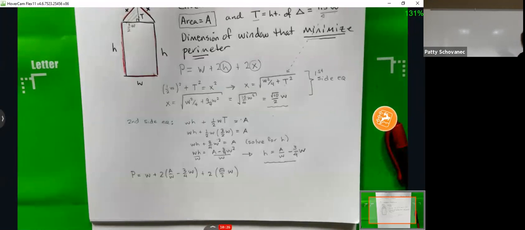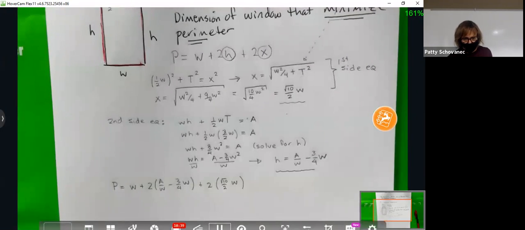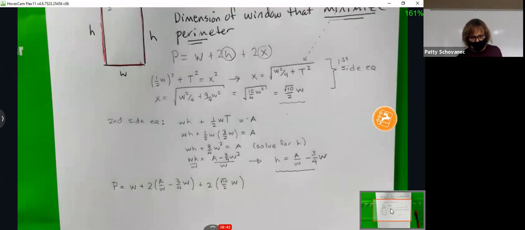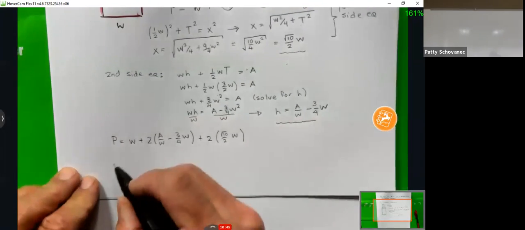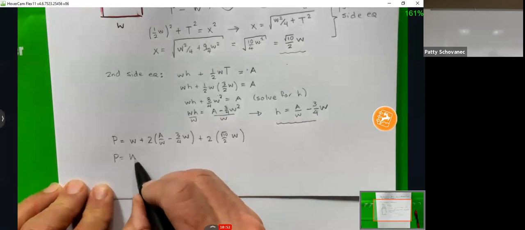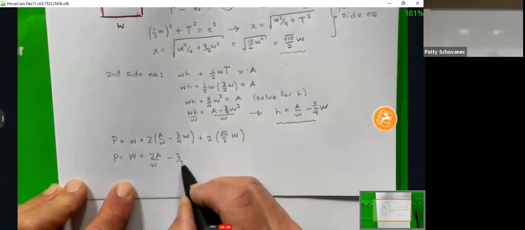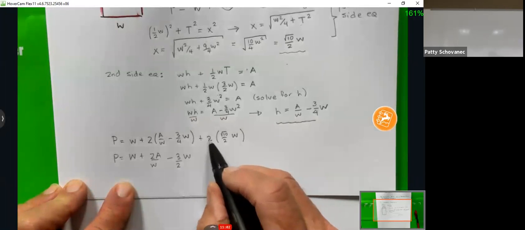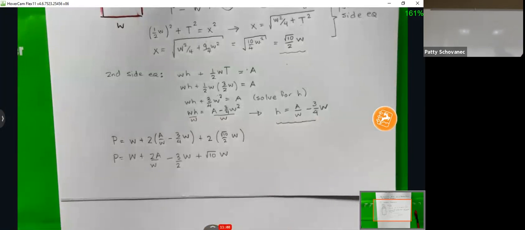Let's simplify it by quite a bit. So send the 2 through the parentheses in each case, and I have P is equal to W plus 2A over W. One of the 2's cancels here and gives me 3/2 W. The 2 cancels here to give me square root of 10 times W. I can put this one together with that one.